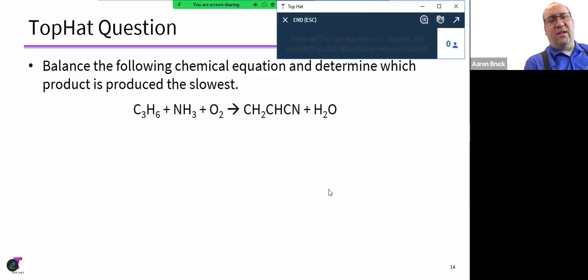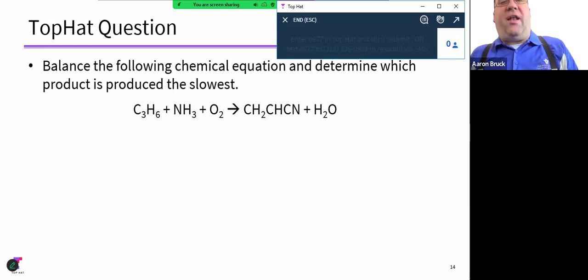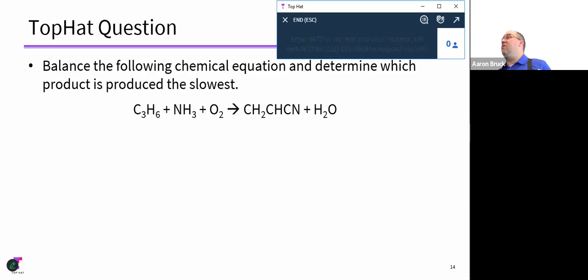And then once you have it balanced, figure out which product is going to be produced slowest. So first balance it, then figure out what is going to be produced more slowly.